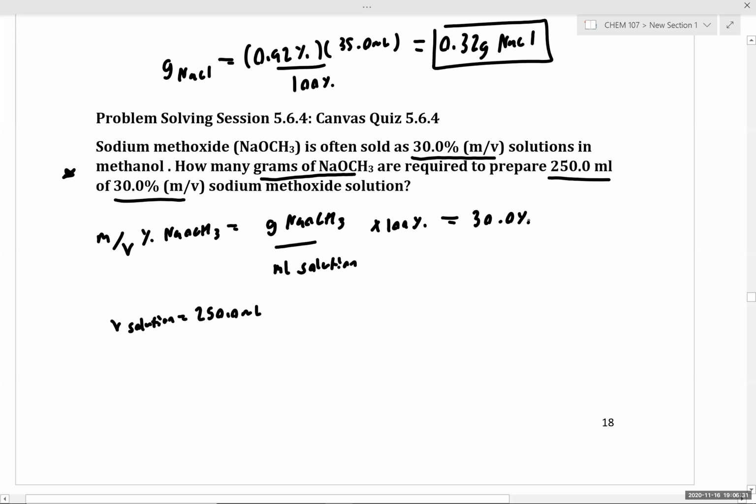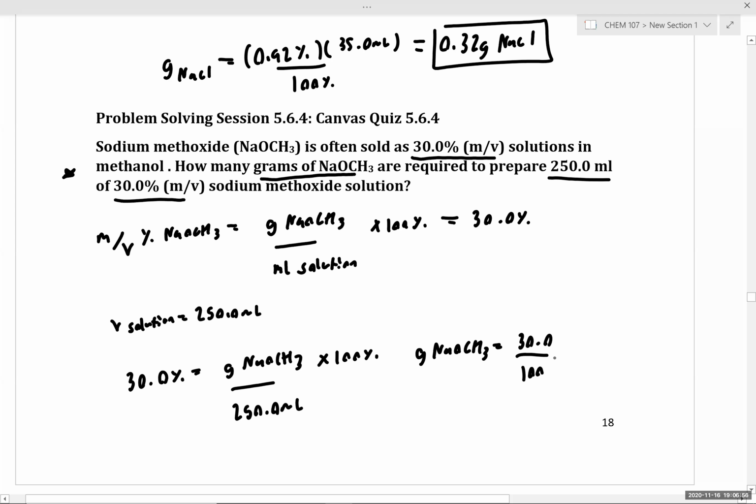As a result, from these pieces of information, we can solve for the mass of sodium methoxide. Our grams of methoxide are equal to 30.0 over 100% times 250.0 milliliters.